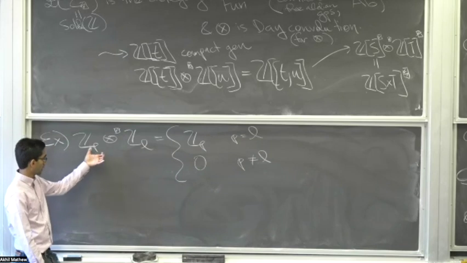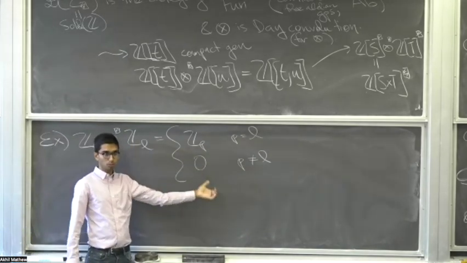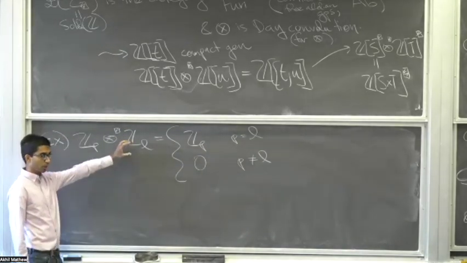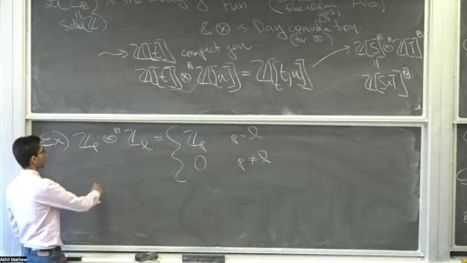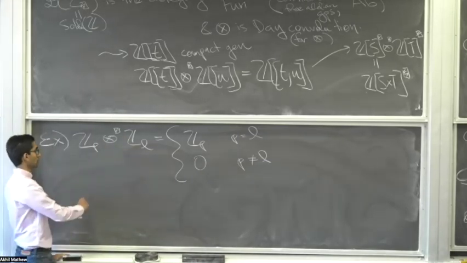So the solid tensor product of Z_p and Z_l is what you would expect for a completed topological tensor. Yes, everything is derived here.